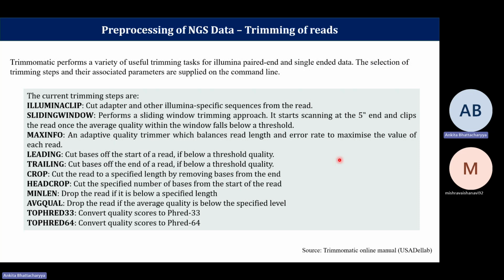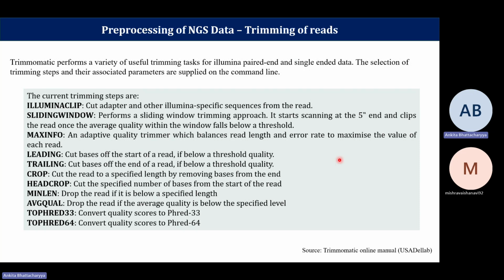Then sliding window uses the approach I just discussed. It starts scanning at the 5' end and it clips off the read once average quality falls below a threshold. It detects it as junk and gets rid of it. Therefore, it basically improves the quality of the sequence that we're studying.